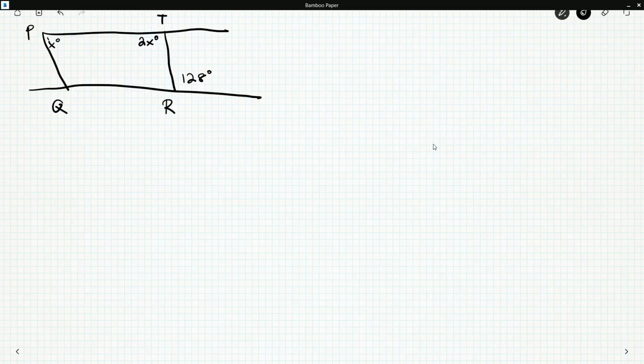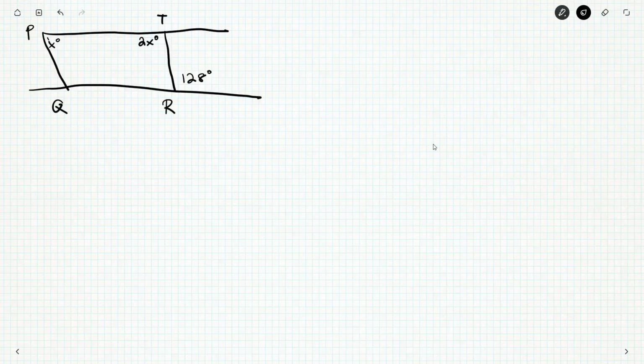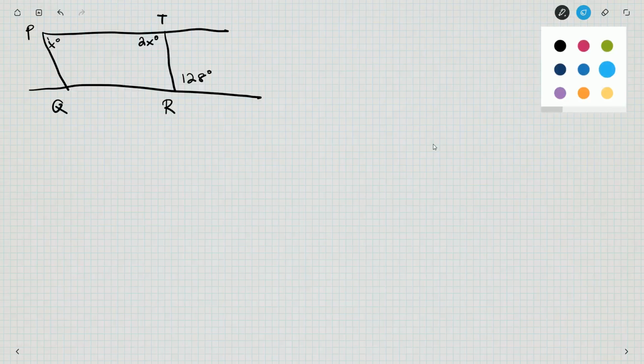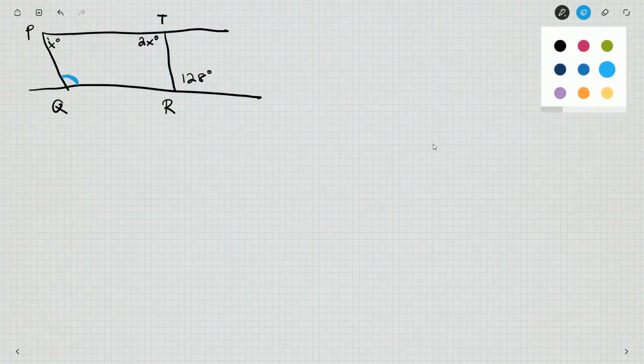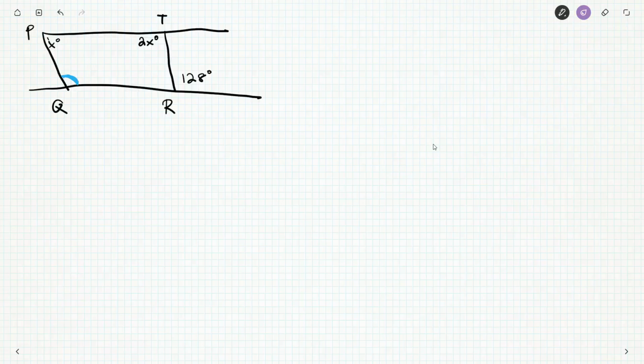Okay. So, what do we want? Well, let's highlight at least the angle that we want. We want PQR. One of the things I'm going to do, because we got parallel lines, and parallel lines and angles tend to work out, they have some nice relationships.